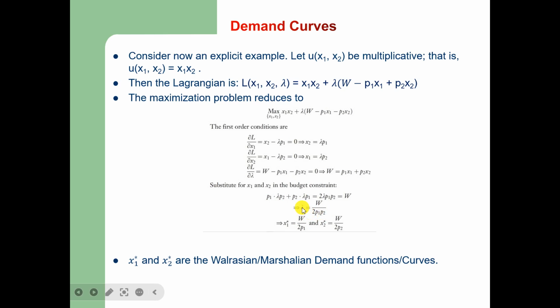So lambda is a function of income of the consumer as well as price 1 and price 2, that is prices of the two goods. Similarly, x1 star is equal to W divided by 2 P1. So this is a function of the consumer income and own price. Similarly, x2 star is also equal to W divided by 2 P2. That is also a function of income and the good 2 price.